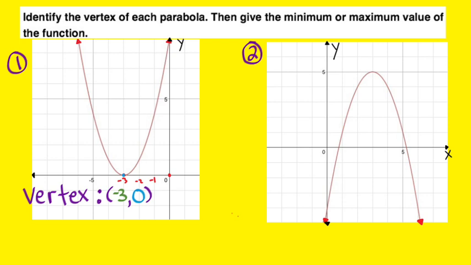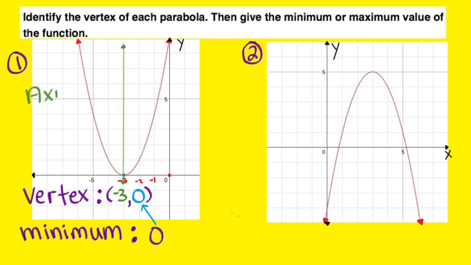And because this is positive, it will have a minimum right there, a minimum of 0. This can never go below 0 on the Y values. It can contain all the X's, but it can only go down to 0. It has to be all positive numbers. And the axis of symmetry is -3, because that's the X value.